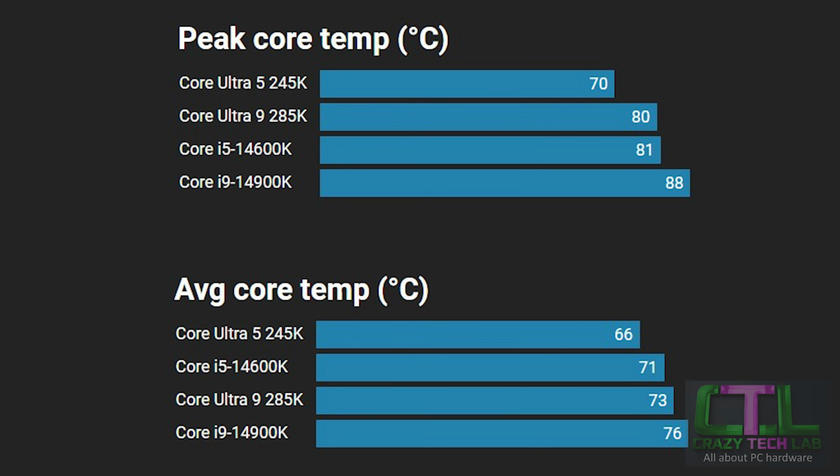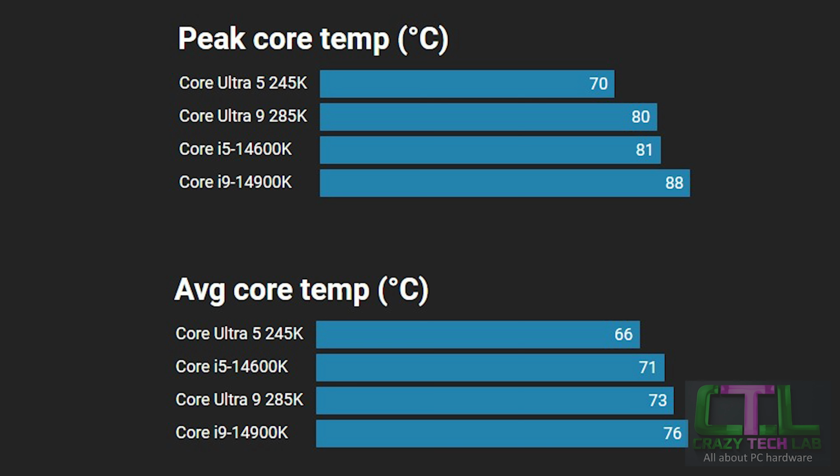Now, the final graph we're going to look at is the core temperature, because Intel has claimed that the new processors will offer lower operating temperatures, and that certainly seems to be true pretty much whichever way you look at it. So the peak core temperature, which is something that I don't usually like to do because you often get one core that's a bit skewed and always spikes a lot higher than some of the others. But here, I haven't really noticed it that much with these CPUs, to be honest.